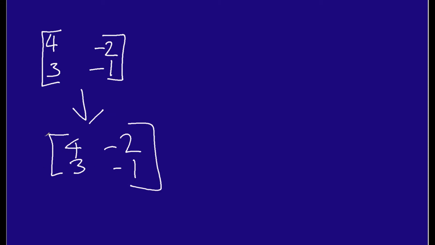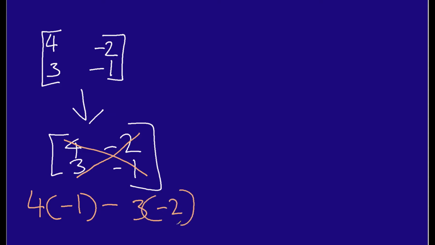And then all you do is multiply the diagonals. What you end up getting is 4 times -1, minus 3 times -2. And this will reduce down to the number 2. So that's how you do it when you have a 2 by 2 matrix.